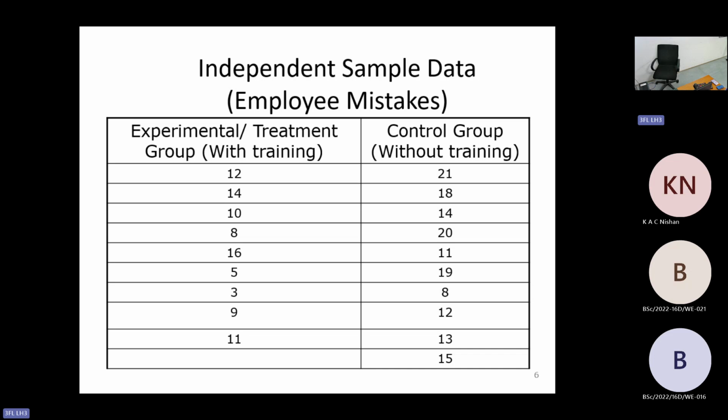You don't need to have exactly the same number. I call these 2 groups, this one the experiment group, and the other group control. I will take only 9 employees and 10 employees. I'm not going to take the entire thing, as some people suggested.